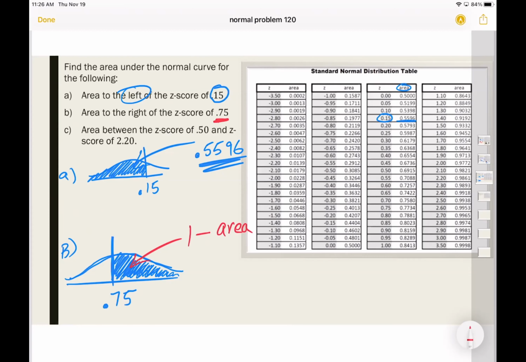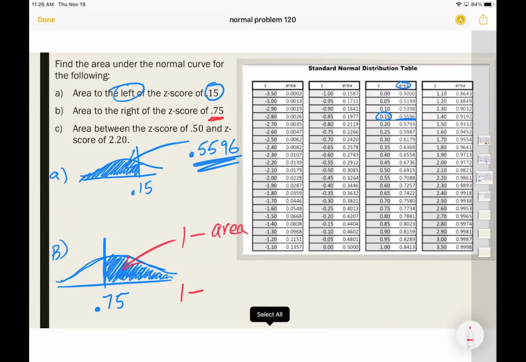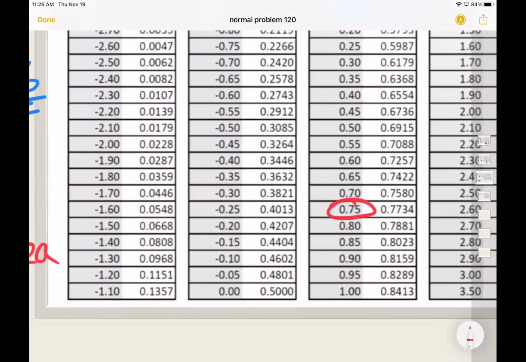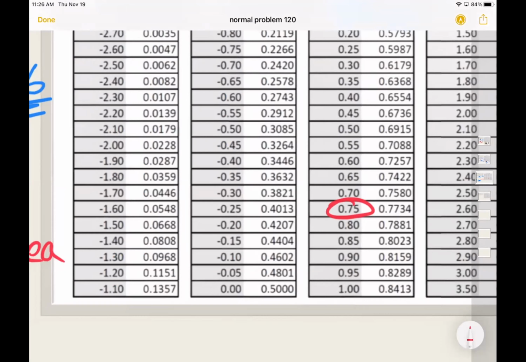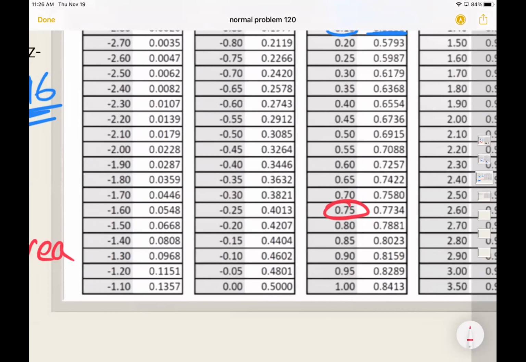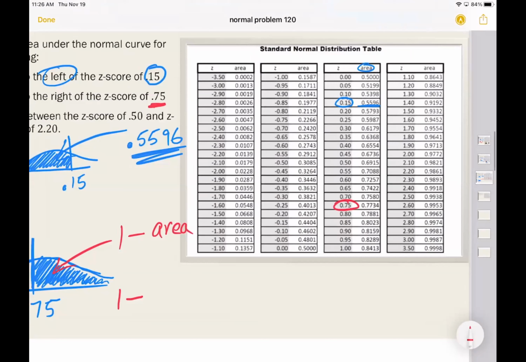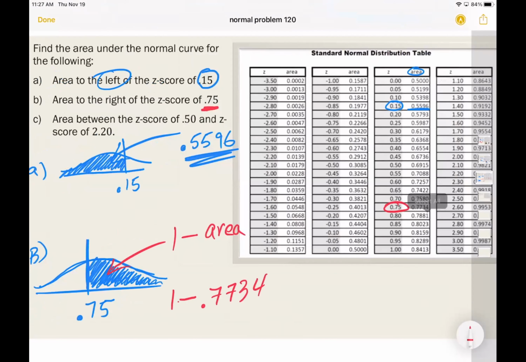So 1 minus what? Well, I need to take not the 0.75, but I need to go into this item here. 0.75 is here, 0.7734. So I need to take 1 minus 0.7734, right? And if I subtract that, my answer will be 0.2266.